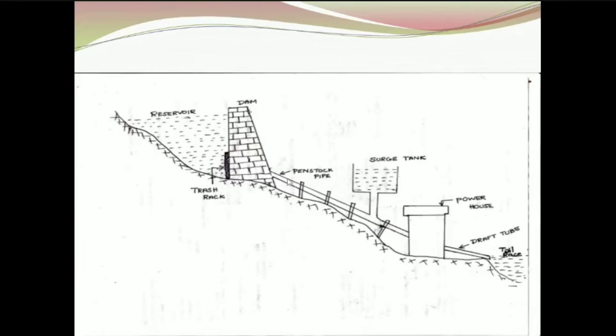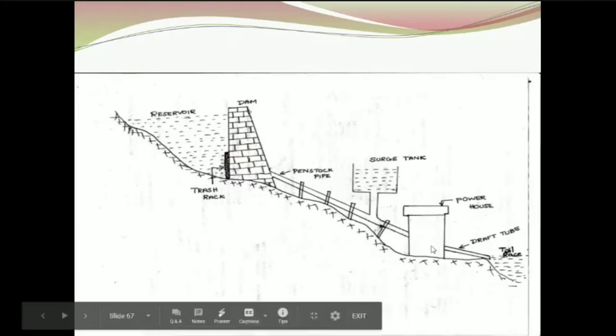When it is driven from this higher head to lower head, water acquires kinetic energy. Then when the water is subjected on the turbine, it is converted to mechanical energy, and when this mechanical energy is input to the electric generator, generator converts mechanical energy to electrical energy. Water after use from the turbine goes to tail race by means of a pipe called draft tube.